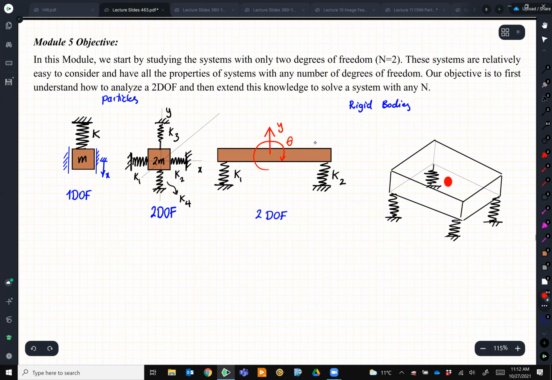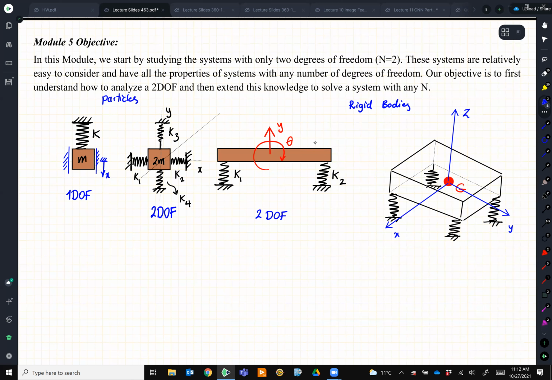Let's say this is the centroid or the center of gravity. Let's call it G, center of gravity of this thing. And I put my coordinates, let's call them maybe X, Y, and Z. So based on these three coordinates, again, this is a rigid body. It can have 6 degrees of freedom system.